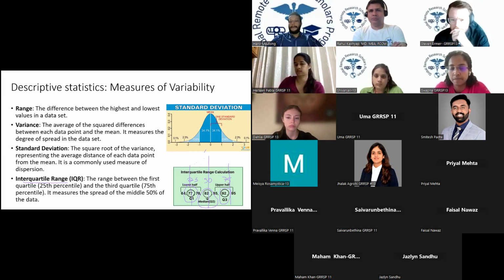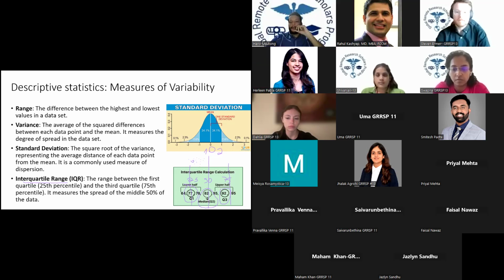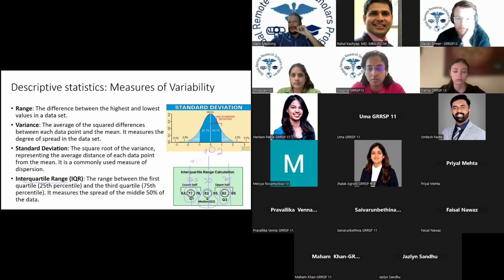For example, if we have the same example and the median is 102, these are the other values of your other participants. For example, this patient can have, I don't know, 79 glucose levels, and this one can have like 130 or so. And this is basically the same thing that happens with the standard deviation.